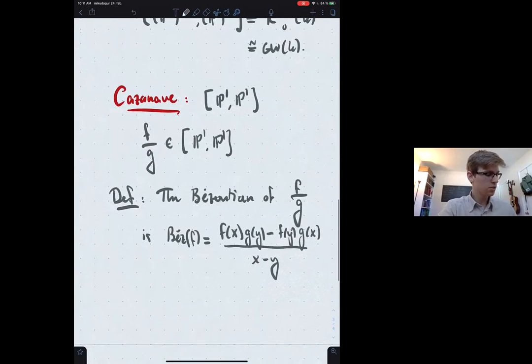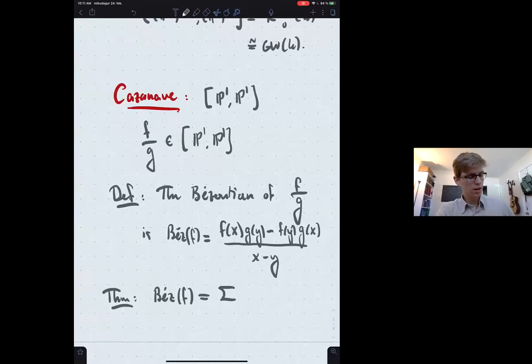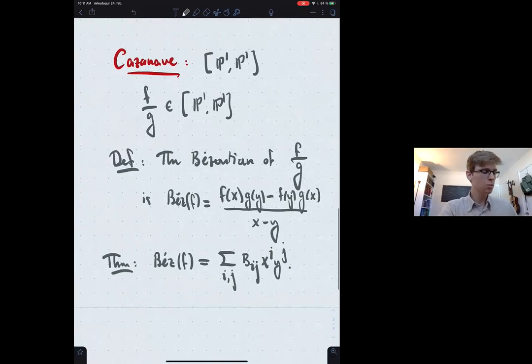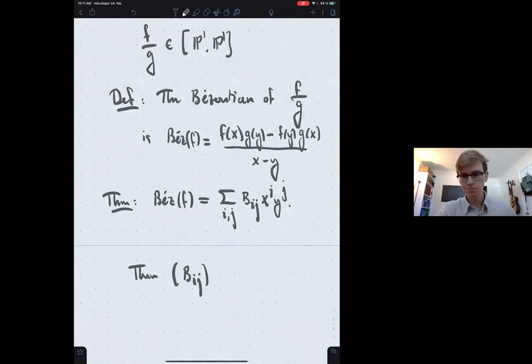And then Cazanave's theorem is that you write this Bézoutian as a sum over i and j, with coefficients in our field k, and then respective powers of x and y. Then you can write down a matrix over k whose entries are just these coefficients. And Cazanave's theorem is that this matrix computes the A1 degree for you.